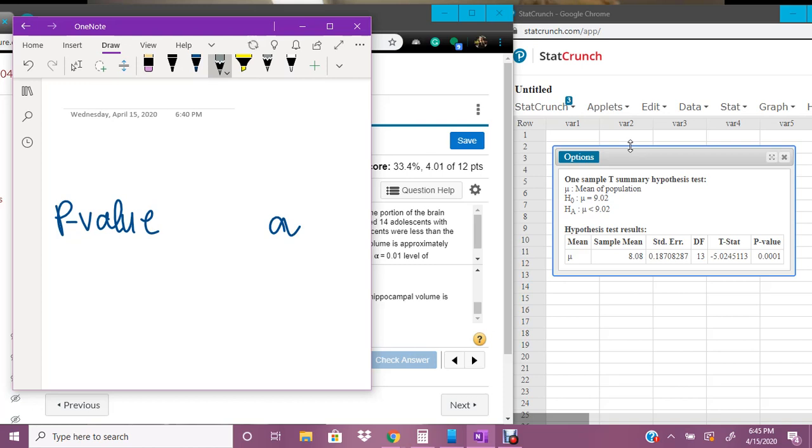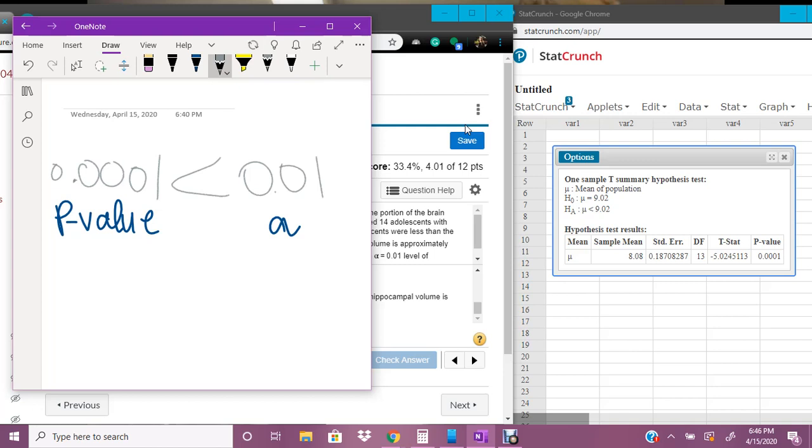My p-value is 0.0001, I'll put a 1 just for fun, you don't have to. And my level of significance is right here, and that is 0.01.